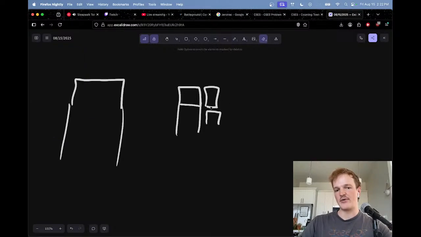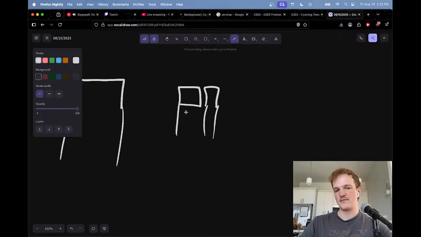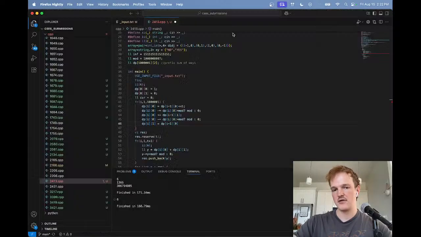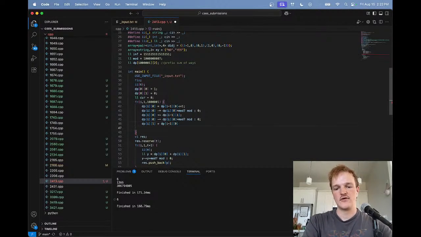Or the opposite, that's a block, this extends. Or they both extend. So there's three ways. So dp at i at 1 plus equals dp at i minus 1 at 1 times 3.